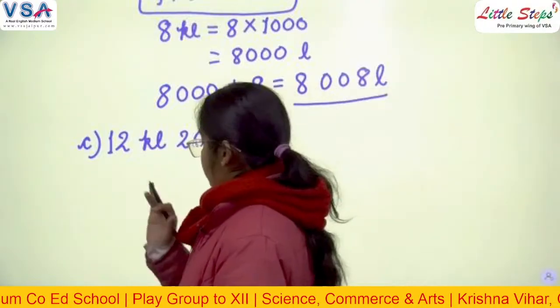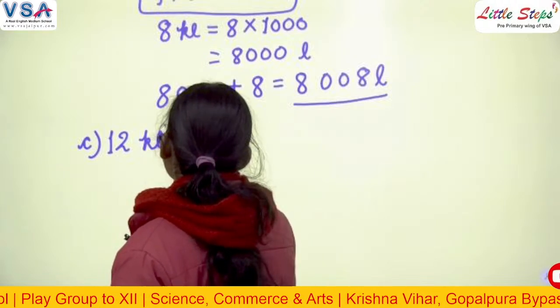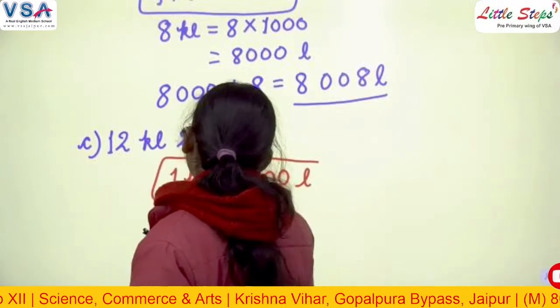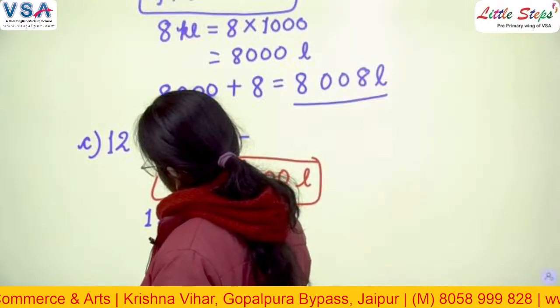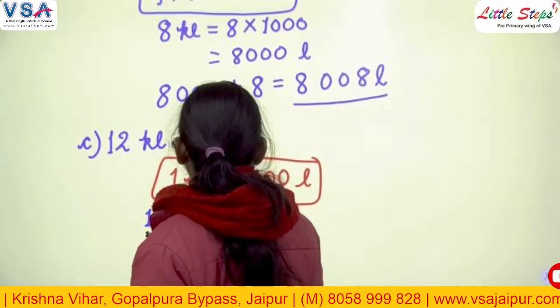So for 12 kiloliters, the basic point is we already know that 1 kiloliter is equal to 1000 liters. So we have 12 here. So 12 kiloliter will be equal to 12 multiplied by 1000.